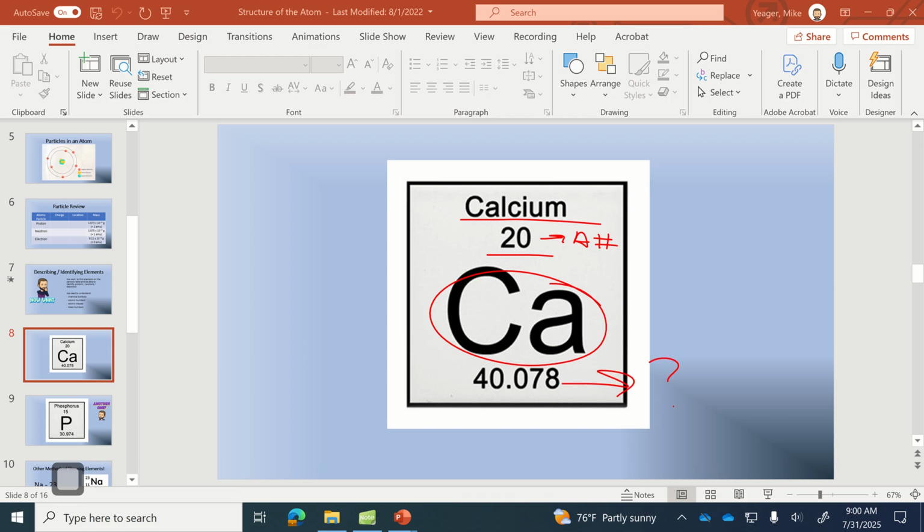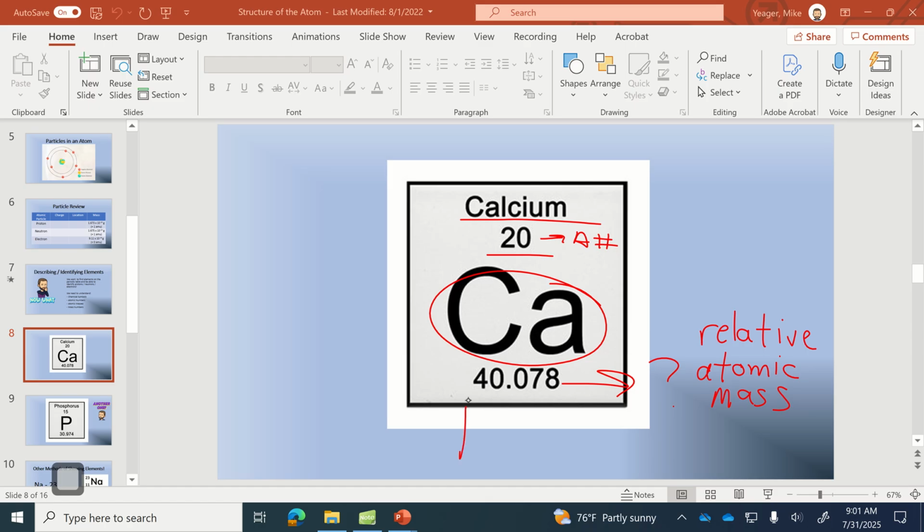There will be a number with a decimal, usually underneath it. This right here is not the mass number. The mass number is a whole number. This is something we're going to call the atomic mass, which I'm going to go over in the next video. Sometimes it's called the relative atomic mass.